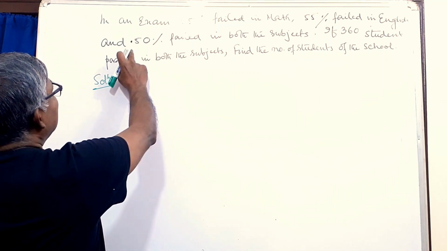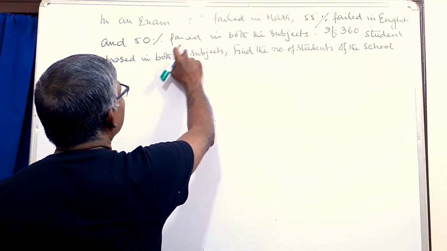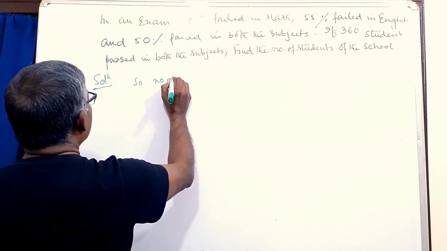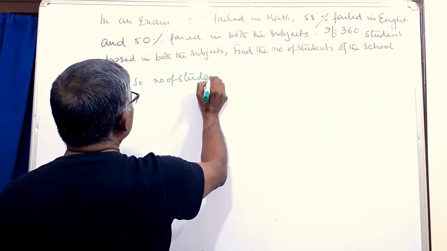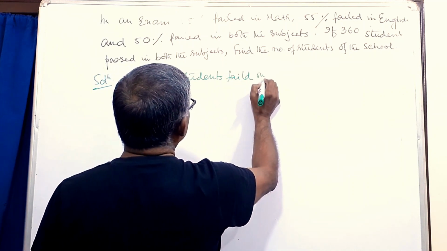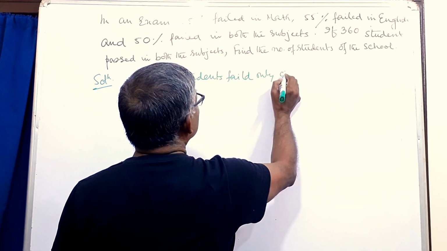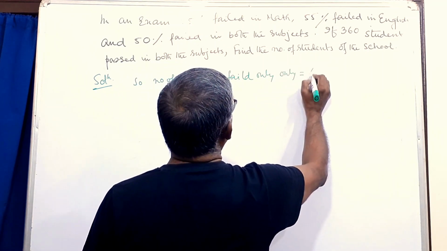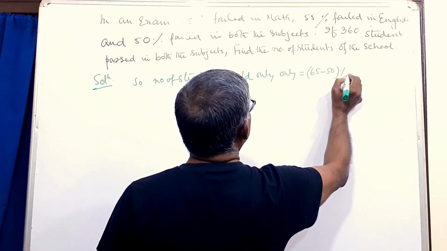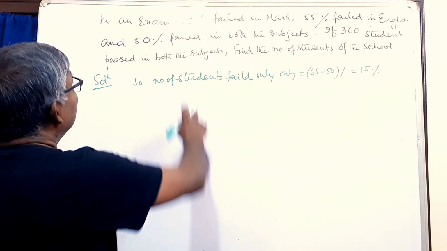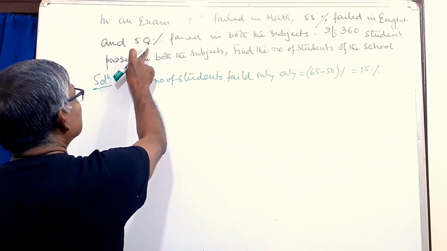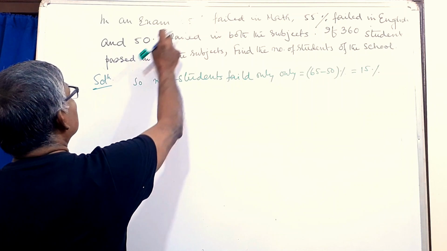Here given 50% of the students failed in both the subjects and 65% failed in mathematics. So number of students failed only mathematics equal to 65 minus 50%, that is 15%. Here see, 65% failed in mathematics and here 50% in both the subjects. So this 50% is included here.